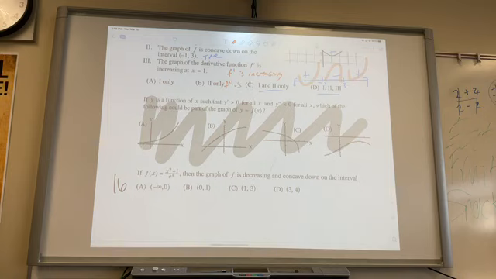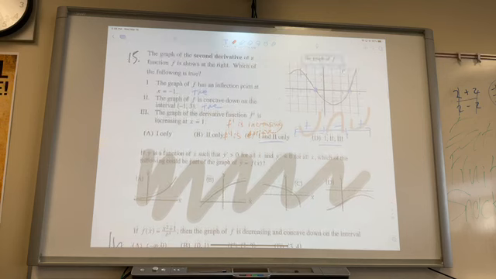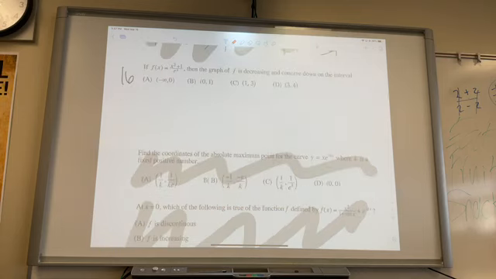Positive. F is increasing, F prime is positive. So F prime is increasing, F double prime is positive. So is this positive at 1? No. Negative. Wait. So, you know how the integral is like the area between the curves, right? If you look at that area, you see that area is negative. Yeah, negative area. So it's also decreasing. Yeah, that works too. Okay.